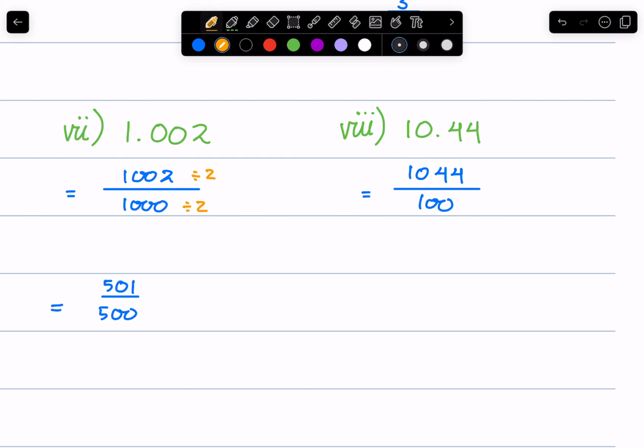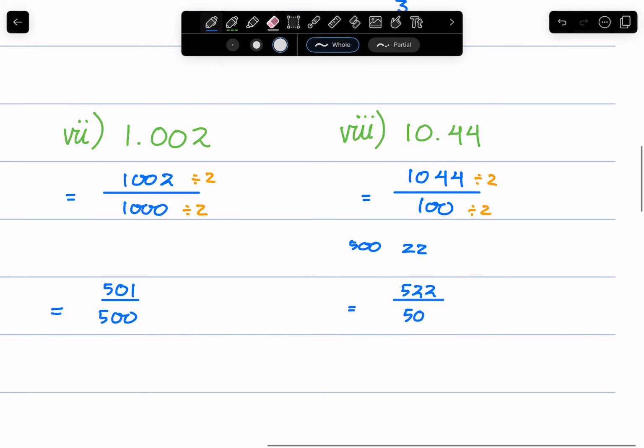So for this, I can see we can halve this number. 1/2 of 1,000 is 500. 1/2 of 44 is 22. So the numerator becomes 522 over 50.